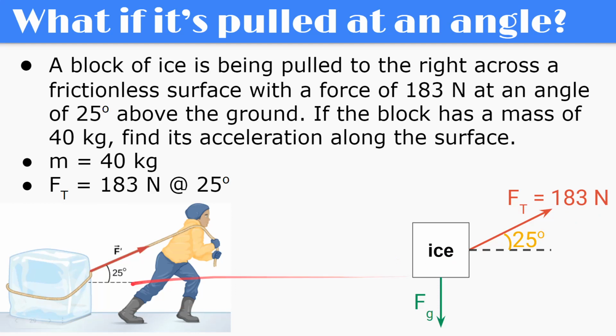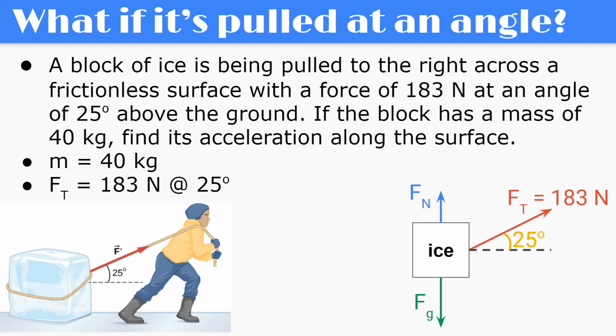Okay, the other force that I have here is from the surface pushing upward. That's my normal force. Okay, and so I'm going to add Fn in the upward direction. Now you might notice, looking at my picture, that I drew Fn a little shorter than normal. And the reason I drew Fn a little shorter than normal is because, is this ice block accelerating vertically? No, he's just pulling it across the surface.